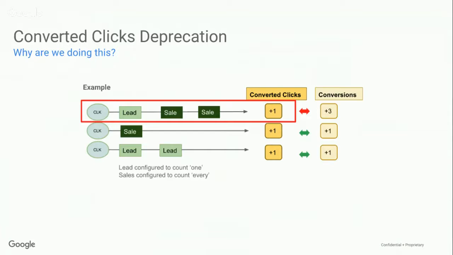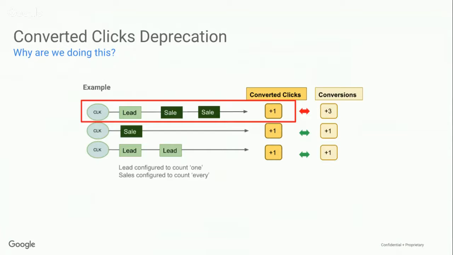However, as a business, given what we want to track is every single unique lead and every single sale, the first line translates to 3 actual conversions. In the second example, where there's 1 click and 1 sale, it's pretty much equal, right?